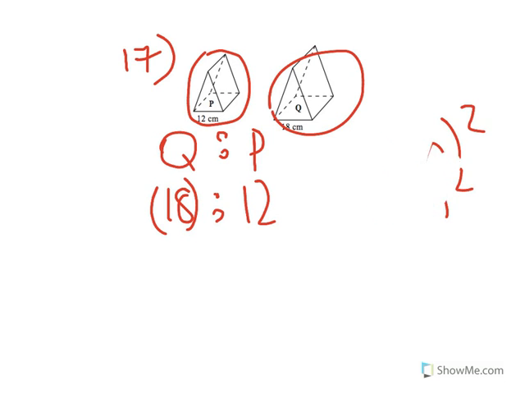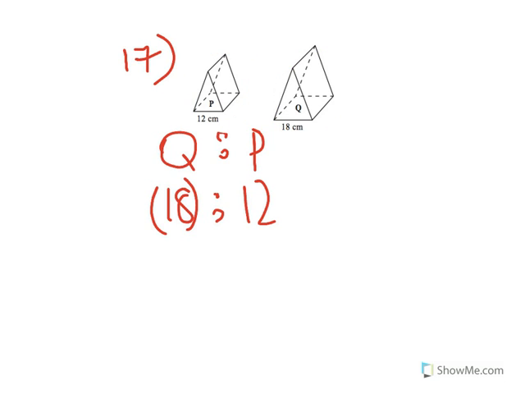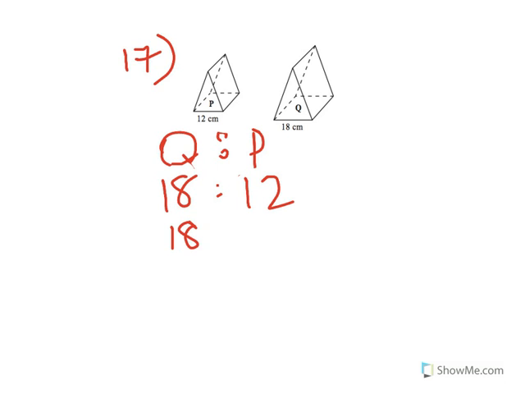So with similar triangles, since we can compare their sides, we can also compare their areas. And area is nothing but the length squared. So the ratio of areas is equal to 18 squared is to 12 squared. Actually first of all, let's simplify this ratio. Makes it simpler. Q is to P, so 18 is to 12. So that means if I divide 18 by 12, I'm going to get 1.5 is to 1.